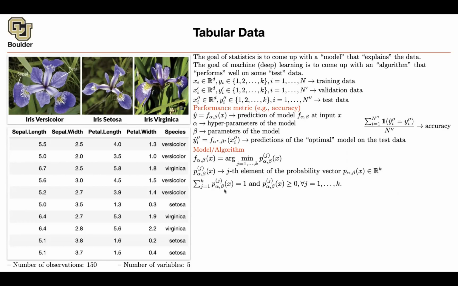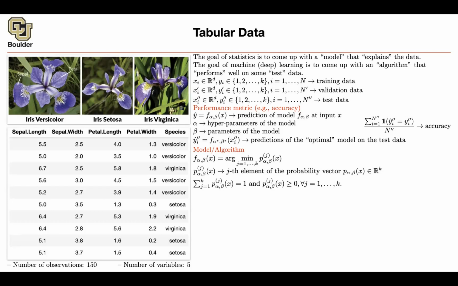But as soon as you have this vector, you can pick out the maximum element, and that's going to give you the prediction. For instance, in this case, these are my questions for you. What is K for this particular problem on the left for this data? 150? 3? 5? 3. So yes, K is going to be 3 because you have 3 classes. You want to choose between versicolor, setosa, and virginica.